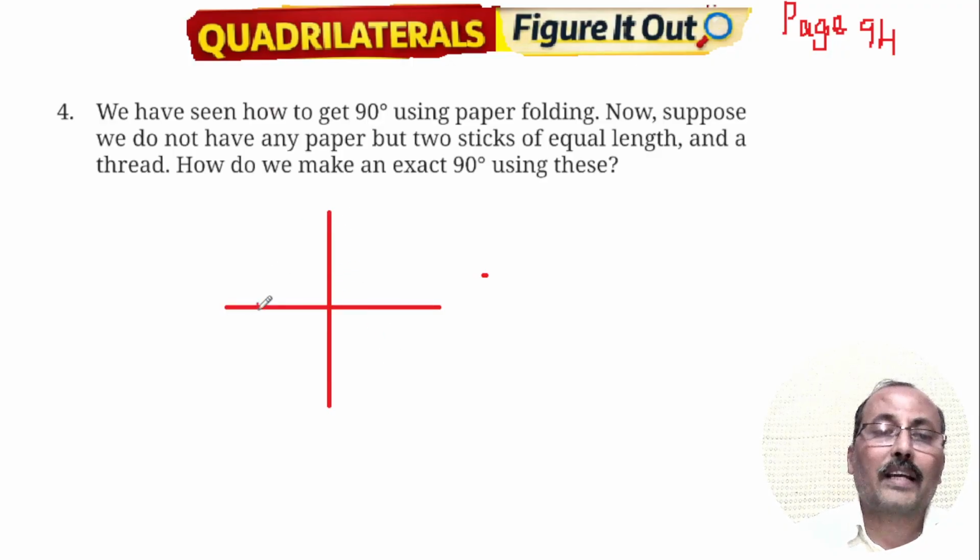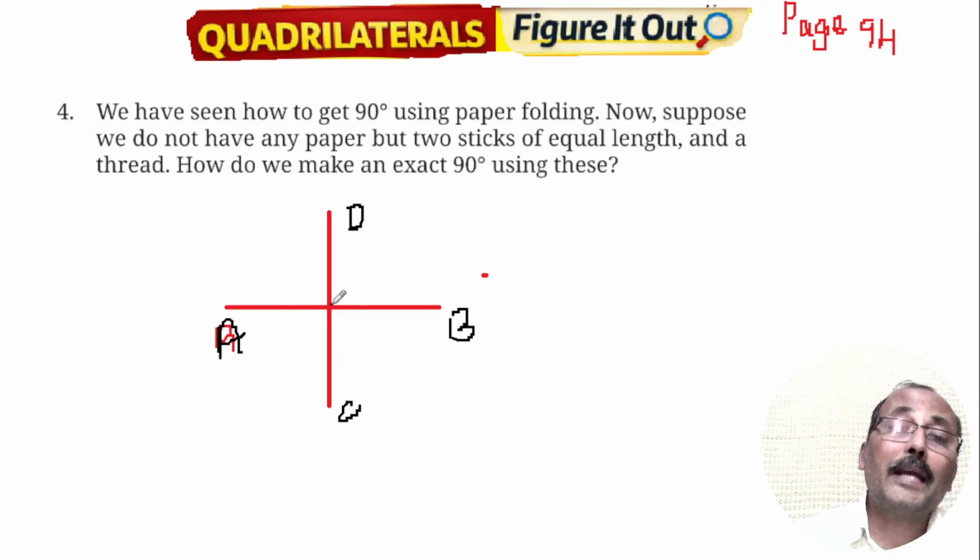Name them like previously, A, B, C and D. We arranged the 2 sticks, but now we can measure and fix them at the center. Now imagine that it is fixed at the center.